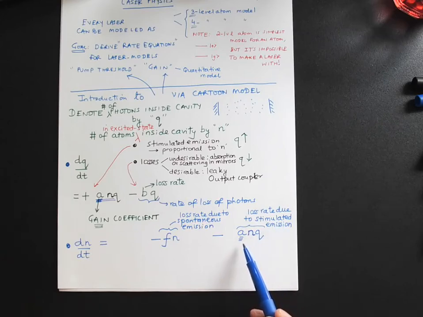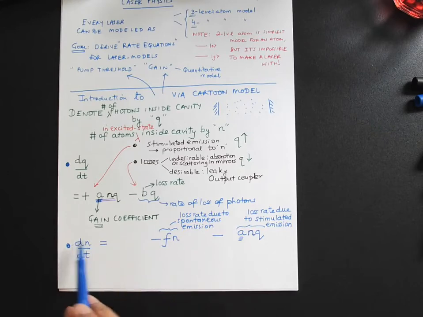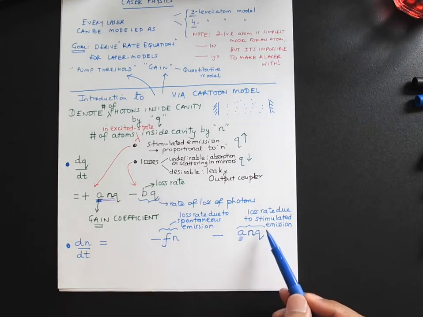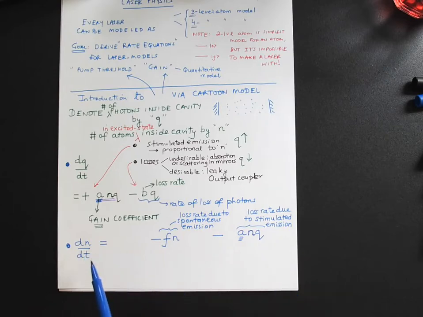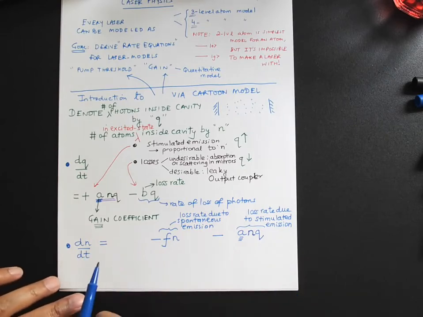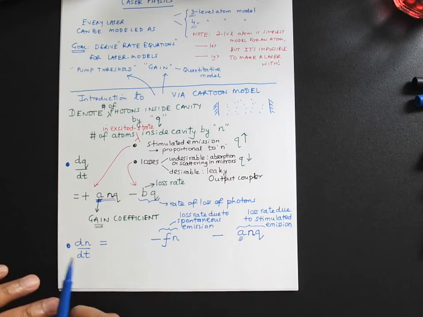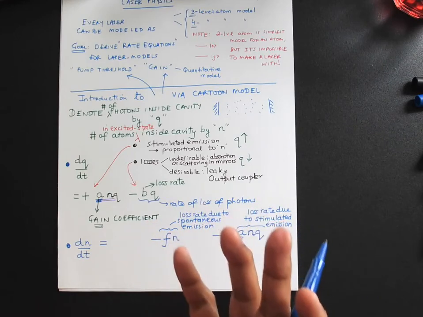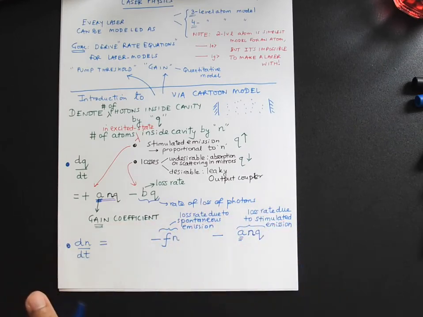Okay. Now I'm seeing two loss terms. Where's the gain? Meaning I have to replenish this somehow. All the atoms in the excited state would just decay down due to spontaneous emission or due to stimulated emission, but how to replenish it back? And so that's why there's always some source, like a heat source, which keeps the whole medium really hot and keeps putting atoms up into the excited state, or there's another pump laser, which will pump atoms back into the excited state.